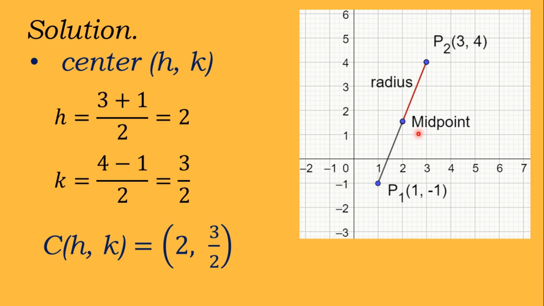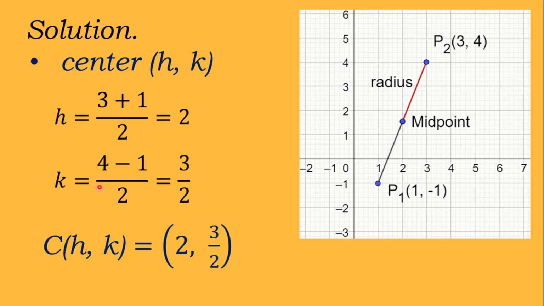The center, which is the midpoint between P sub 1 and P sub 2, is solved through h equals 3 plus 1 divided by 2. Where did we get this 3 plus 1? That is from the x coordinates of P sub 2 and P sub 1. That is 3 plus 1 divided by 2. We have h is equal to 2.